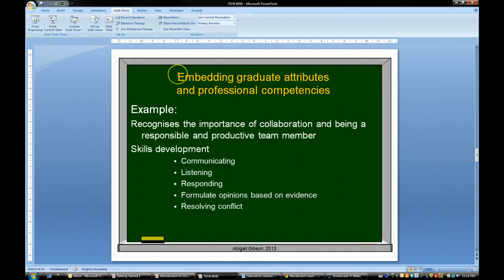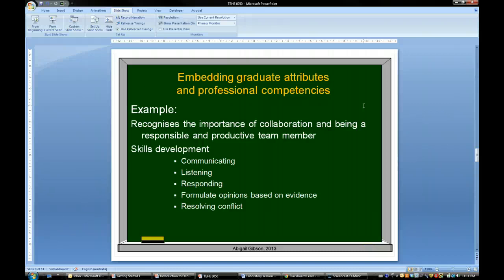So I also think it's important that this course considers what the graduate attributes and professional competencies are. So at the end of our course, our students will be working as professional occupational therapists. So there's standards and competencies that are required of them by the profession.